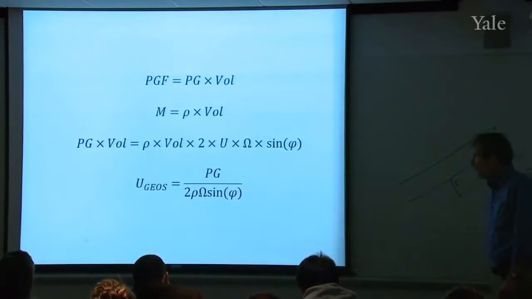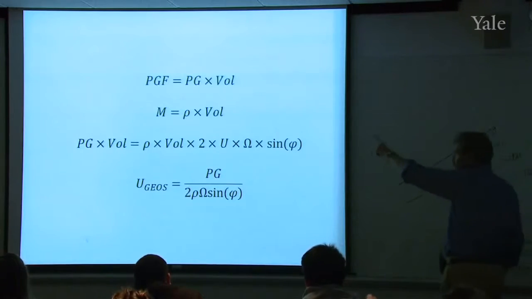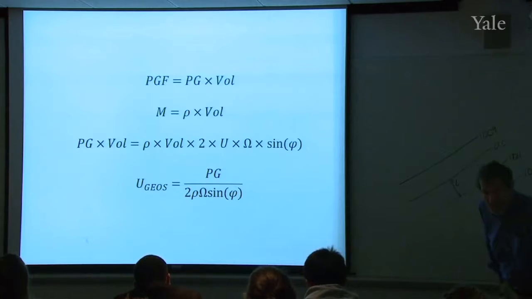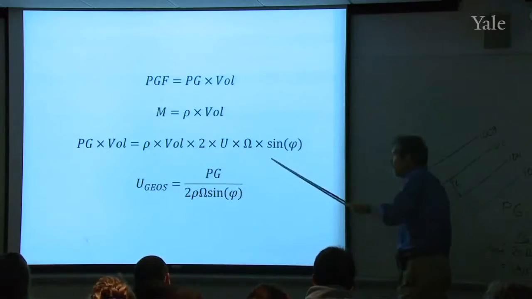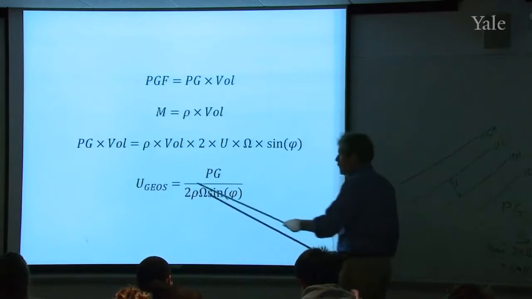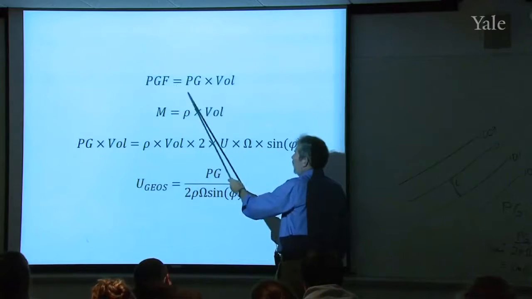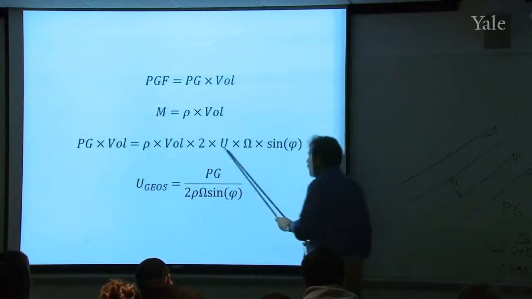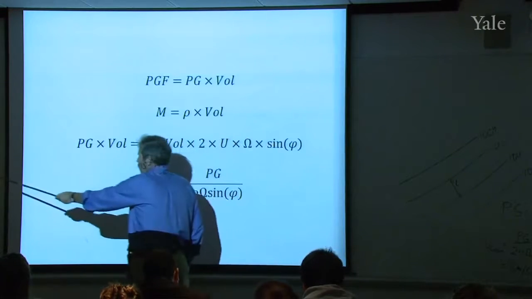So going back a couple of slides to the formula for the Coriolis force, and adding these two formulas to it, I can come up with this very important, slightly lengthy equation. On the left is the pressure gradient force given by this. And on the right is the Coriolis force given here on the board still.